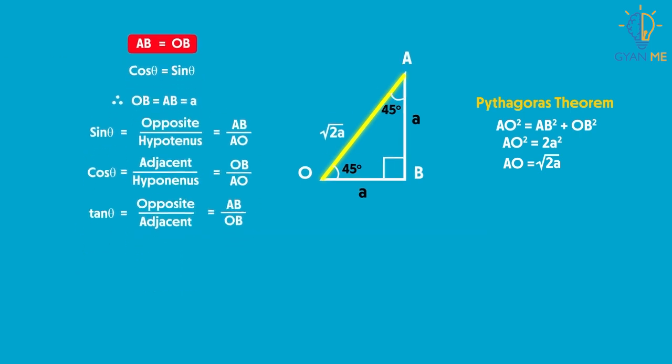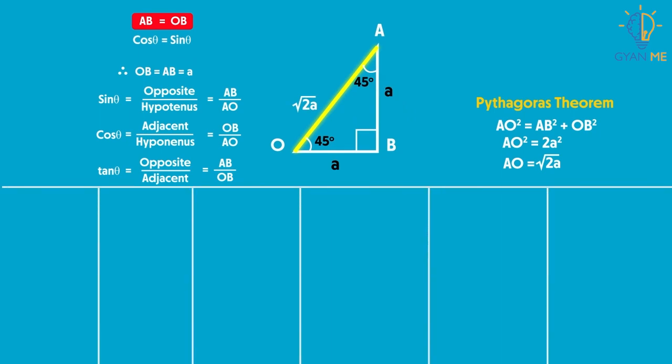Using the definitions of the trigonometric ratios, we have sin theta, which is here sin 45, as AB upon AO. So let's substitute the values and we get a upon a root 2 equal to 1 by root 2.